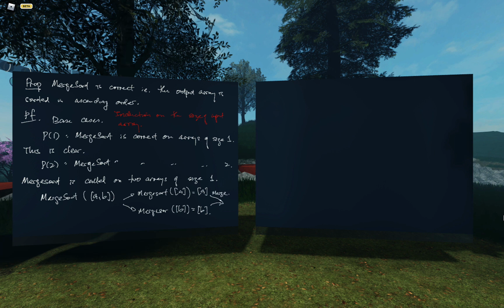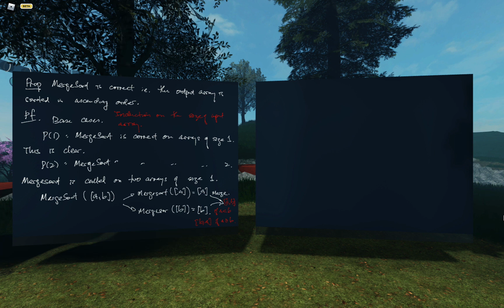When you merge them together, depending on whether A is bigger than B, you're going to get AB or BA. So I'll just write, we're going to get AB if A is less than B, and BA if A is greater than or equal to B, right? So whatever happens, the result is going to be in ascending order, right? So on arrays of size 2, this works.